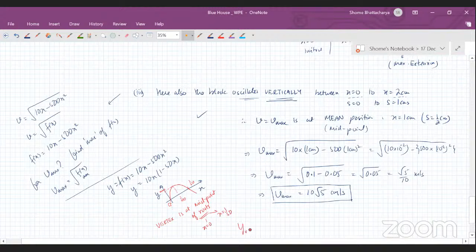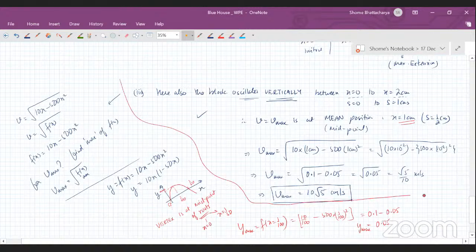Okay, so the function's maxima you can see is the value of the function at x equal to 1 by 100, which is the same thing we've understood here, x equal to 1 centimeter. So this is the function's maxima.